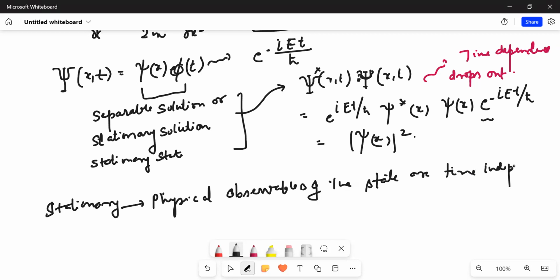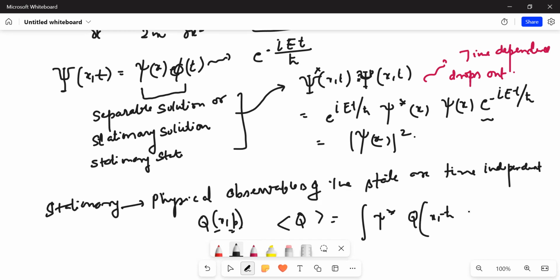Because after all, you know that the physical observables are either functions of x or functions of p. So after all, this is all time independent. If you want to find, let's say, the expectation value of Q as an operator, then you will get ψ star here, and you will get Q, which is again a function of x and minus iħ ∂/∂x, and then you have the ψ. In any case, this integration is running over x, and these operators corresponding to the dynamical observables are functions of either x or p.